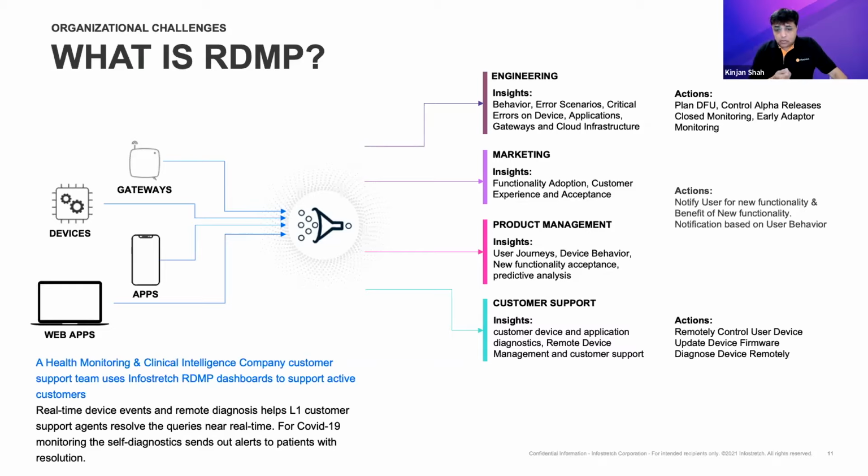And diagnosing this entire ecosystem, from your devices to the cloud, is really difficult if you don't have the right visuals or clear insights in front of you. Whether it is L1 or L2 customer support, it is very difficult for them to figure out where the problem could be, right?